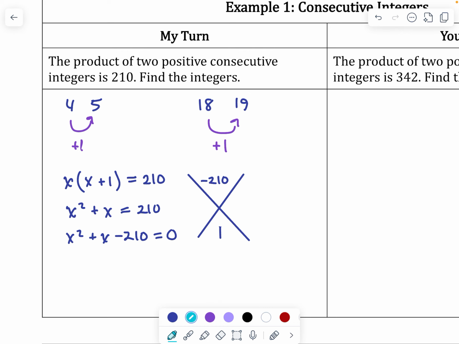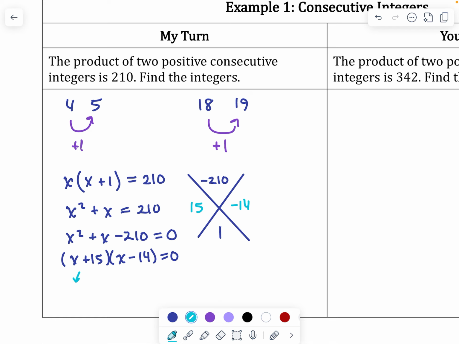And it's okay if you need to use a calculator, a little bit of guess and check, to figure out what two numbers have a product of 210. That's going to be 15 and negative 14. And then 15 minus 14 gives you the 1 on the bottom. So this trinomial factors to x plus 15 and x minus 14.